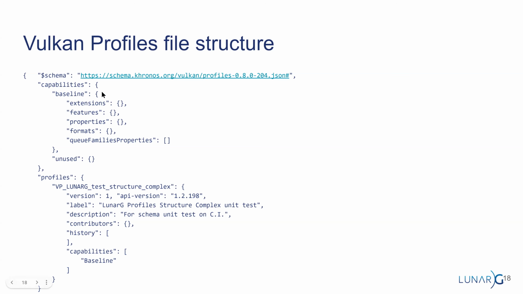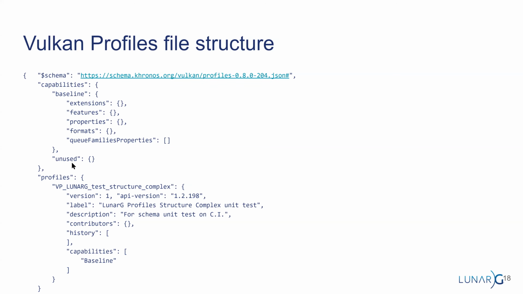This file just shows the structure of what can be done, but I'm not going to show everything because it would be a very big file. But one thing we can see is that there are two capability sets.